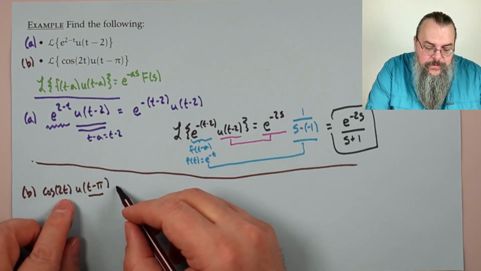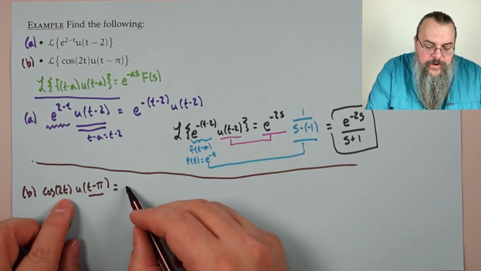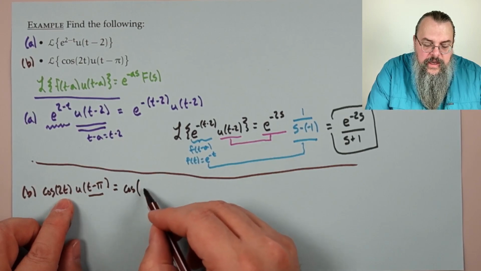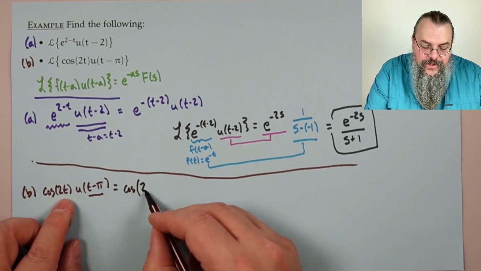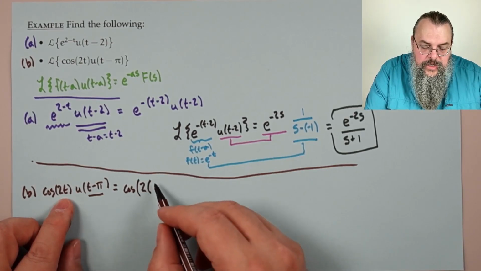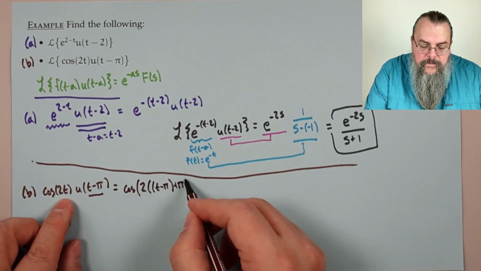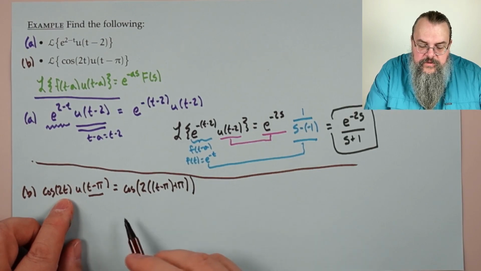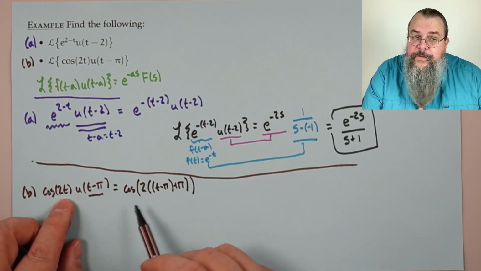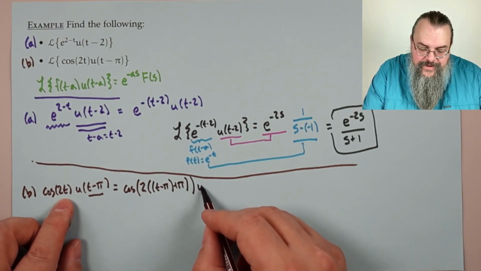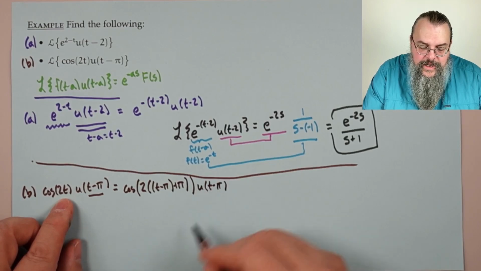Well, if we don't see it right away, we always have our classic add, subtract. So we say, look, t is the same as t minus pi plus pi. All right, and look at how many parentheses there are. That's so many parentheses. We're definitely not losing any points. So just be careful here.